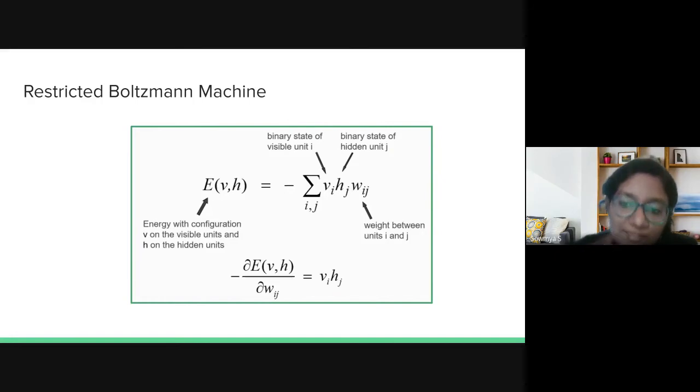We want to give a semantic that if it is a negative weight, then they don't occur together, and if it is a positive weight, they occur together. In the sense, the influence is positive if the number itself is positive, and negative if the number is negative. And we want to lower this energy. And this is now the gradient we are going to be reducing.